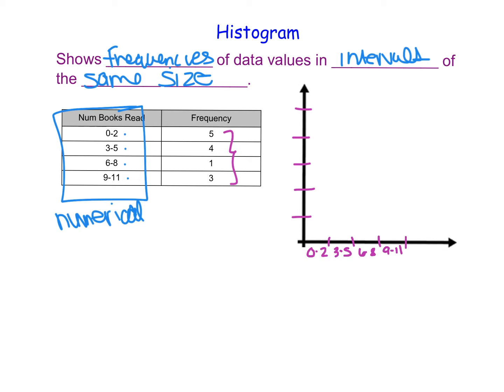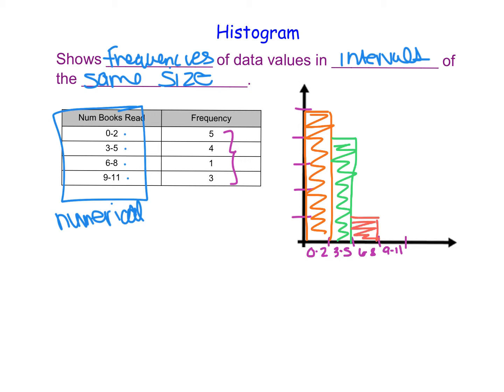So 0 to 2 books was from 0 all the way up to 5. So this one's going to color in here. Then the next one, 3 to 5, is at 4. So I'm just going to draw a little line out and go down so we can see that one. And then 6 to 8 was only at 1. So that's going to be a little bit lower.